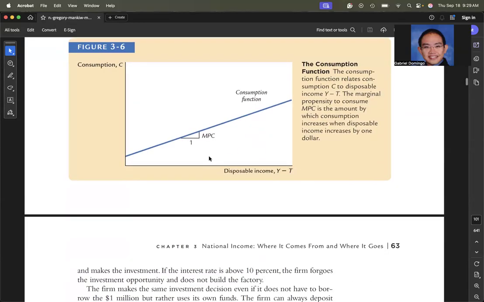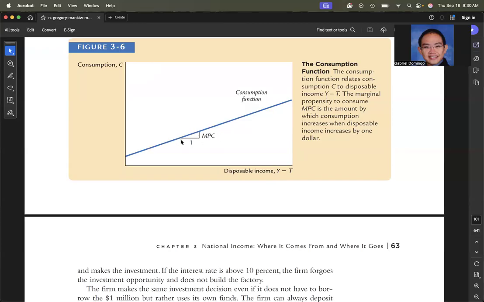All right. And here is a picture of the consumption function, wherein this line is the consumption function. The x-axis measures your disposable income, or Y minus T, and your consumption is measured in the y-axis. The slope of the consumption function itself is the MPC, right?